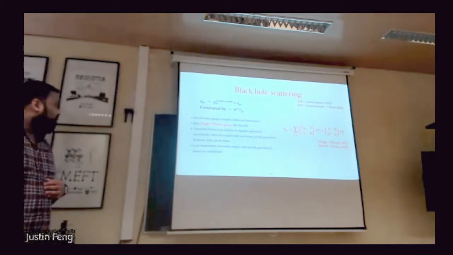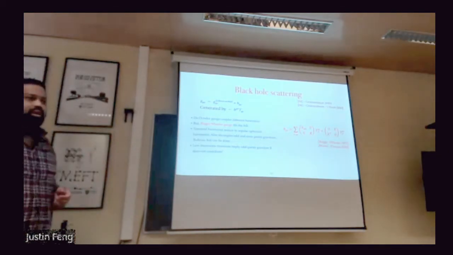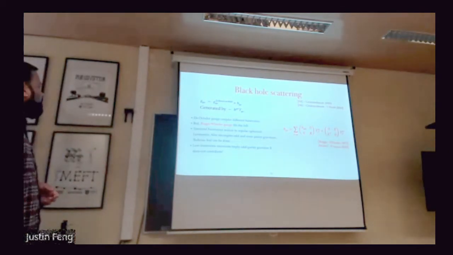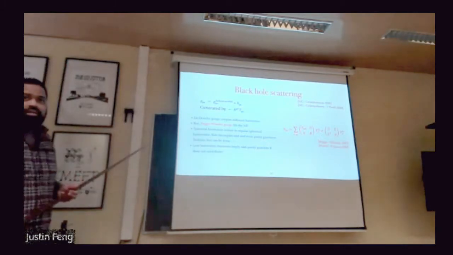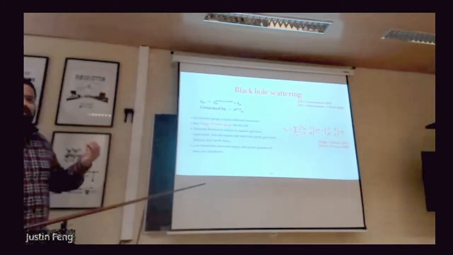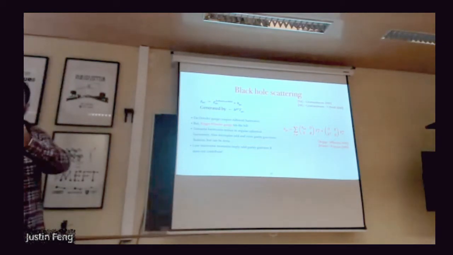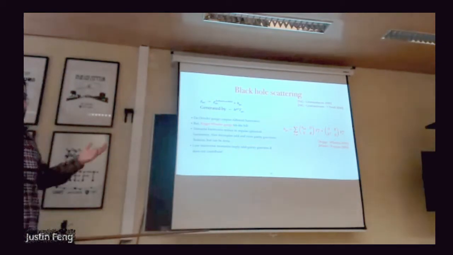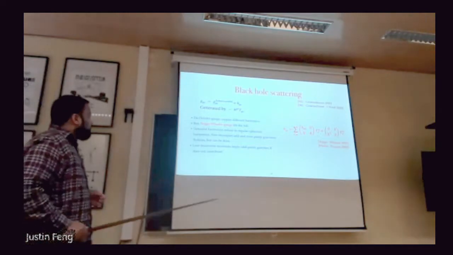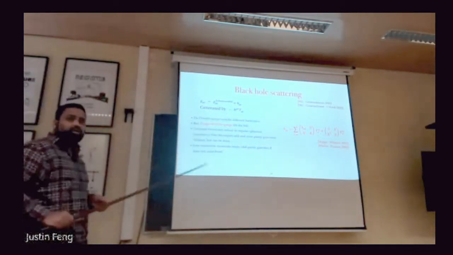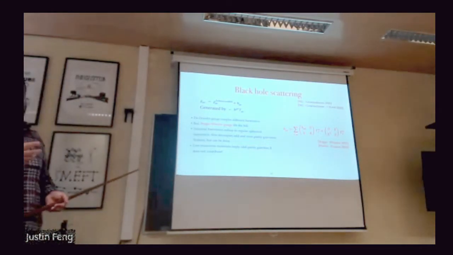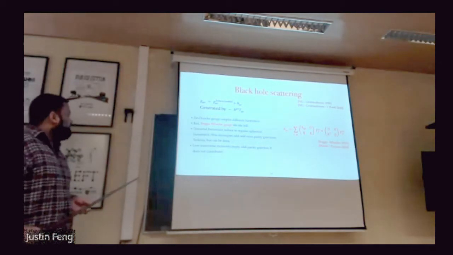So I've set up enough to explain what I mean by black hole scattering, where, as I just said, we're going to look at the background field method again, but instead of perturbing around flat space, we're going to do this around the Schwarzschild metric. Now your gravitons are fluctuations of the background, which is the Schwarzschild metric, and not flat space. Interactions will again be generated by a cubic vertex where the graviton talks to the stress tensor.